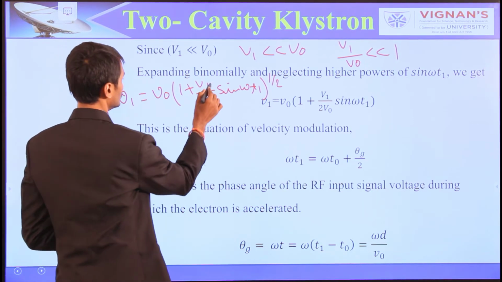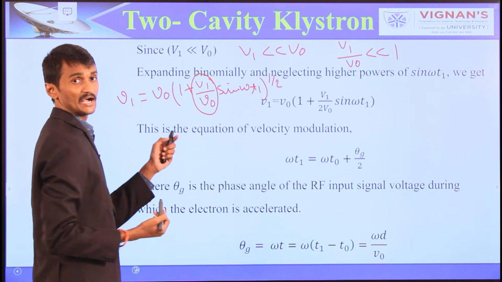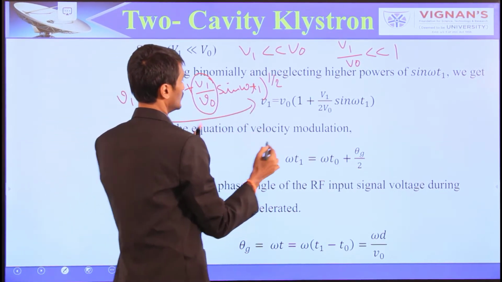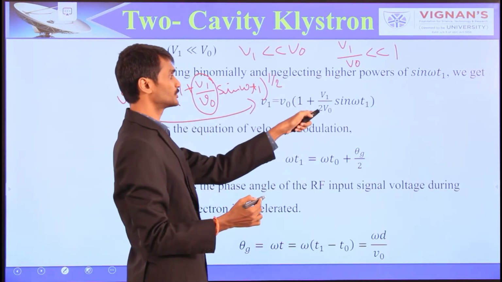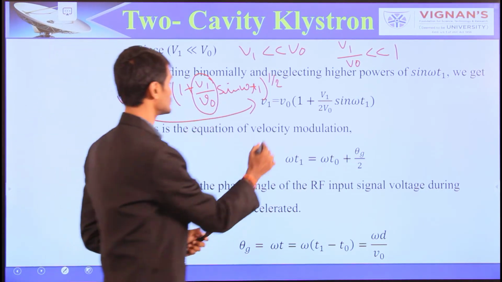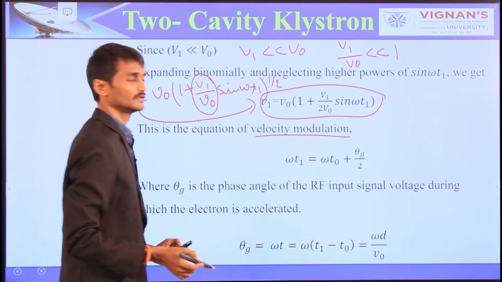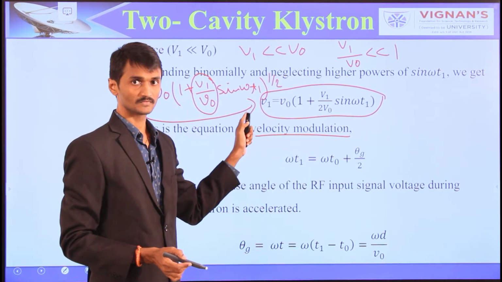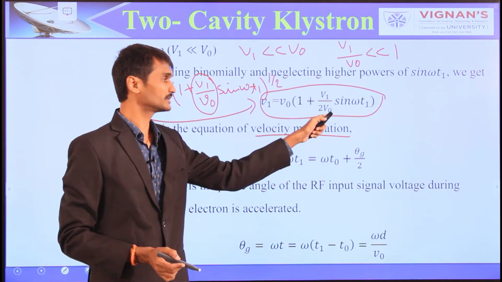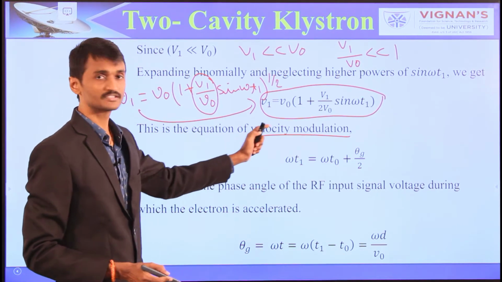Here it is a small value, so we can apply the binomial series expansion. From this, v1 becomes v0 into 1 plus V1 by 2V0 sin omega t1. So this is the equation of velocity modulation.